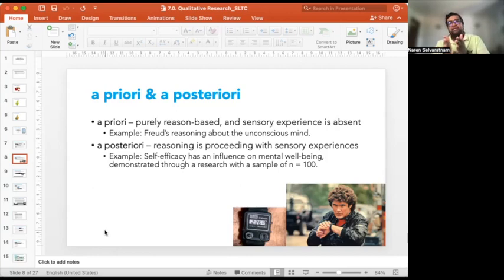It's like saying that I have a language acquisition device inside my mind, which is why I speak effortlessly when I'm 3 years old without too much instruction on language. So then how can I prove it to others? It's very difficult because there is no sensory experience associated with proving such a fact, because I can't show it.